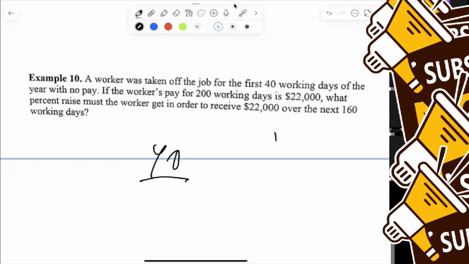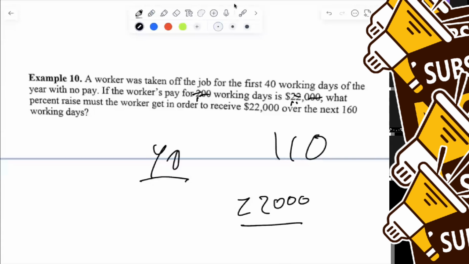The original pay was 110 per day, dividing 22,000 by 200 gives you 110. Now we want 22,000 divided by 160. Now what's 22,000 divided by 160? Well, you could put it on a calculator, but let's calculate it.